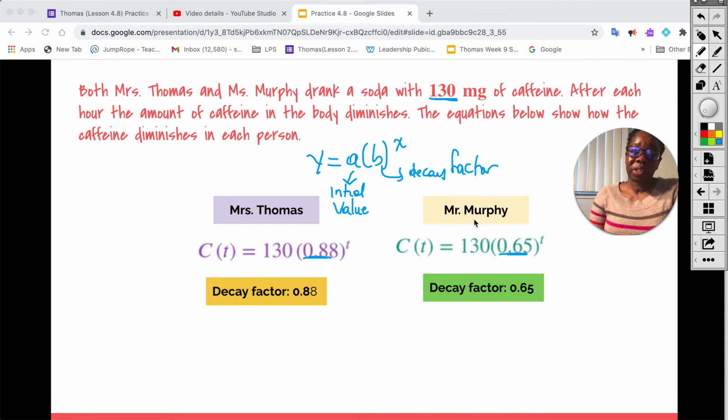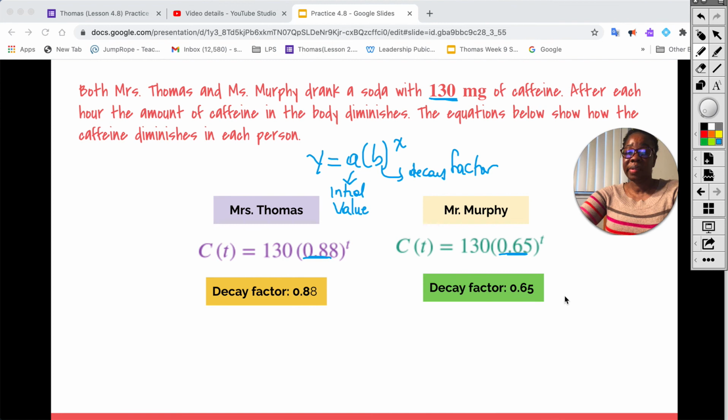So the question that we're answering is, whose body is the caffeine diminishing quicker in? And so the caffeine diminished quicker in Miss Murphy's body because she had a lower decay factor than Mrs. Thomas. So she had less caffeine in her body over time.